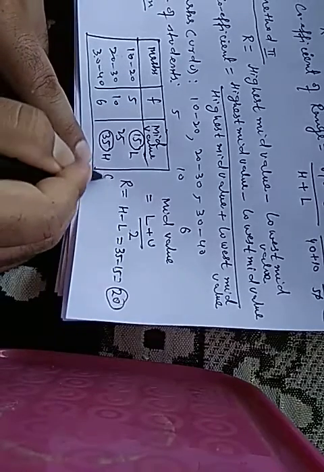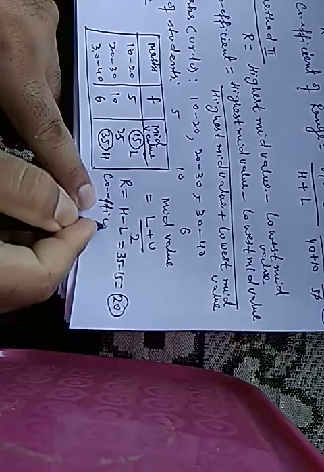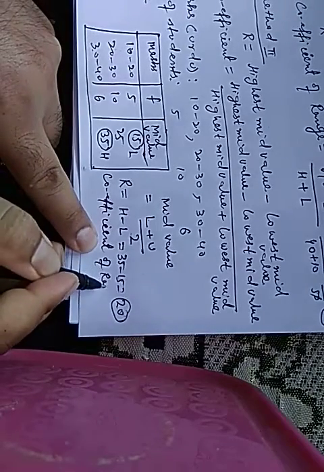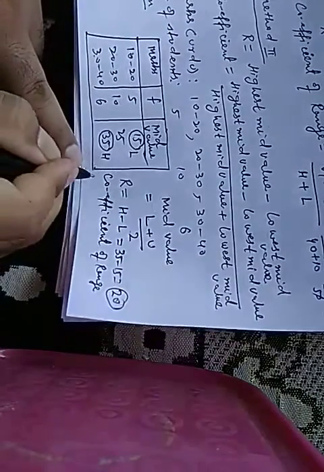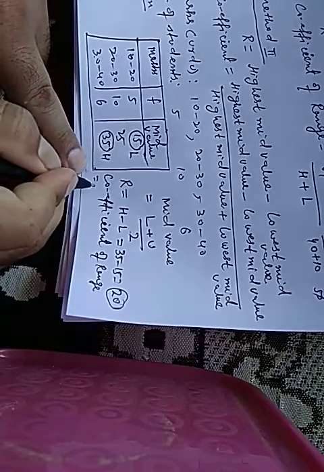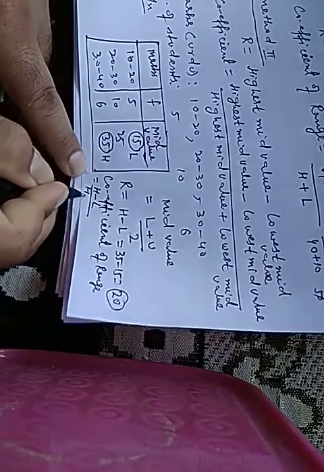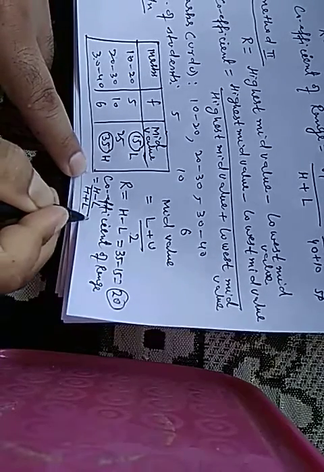And coefficient of range is equal to highest mid value minus lowest mid value divided by highest mid value plus lowest mid value.